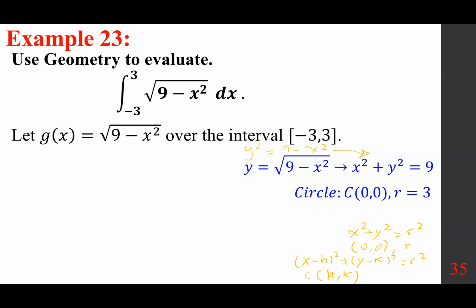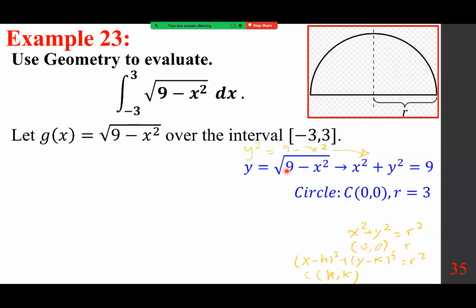And if this is the case, what is the difference between this and this? This is a complete circle. This is the semicircle. The positive root is the top half, if you have a negative it's the bottom half. If you solve for x, it's the right half or the left half. Again, just reminding you of what we have seen in algebra before.